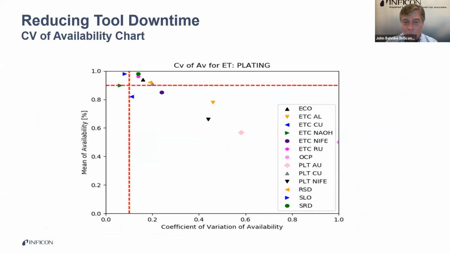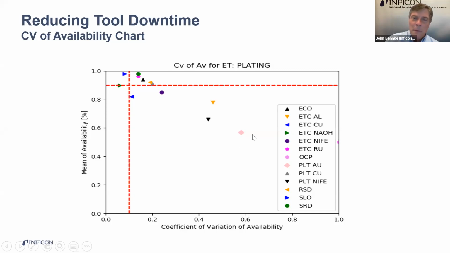It's just the coefficient of variation of availability, and it's a very effective way of looking at your tools. Our software and most good factory digital twins will provide you a real-time view of this at all levels. But it's important to understand that what you're trying to do is get everything up in the upper left quadrant, which basically means it's up most of the time and it's extremely consistently up.